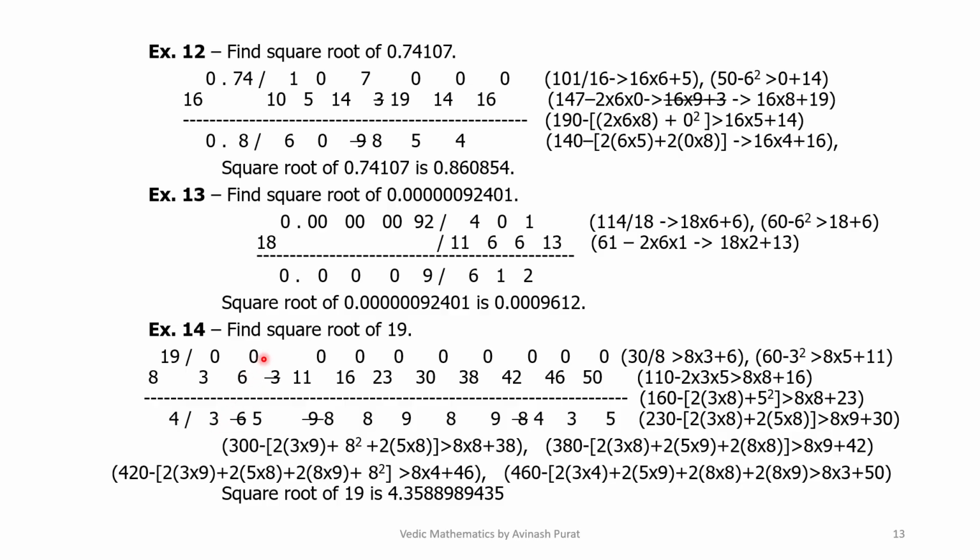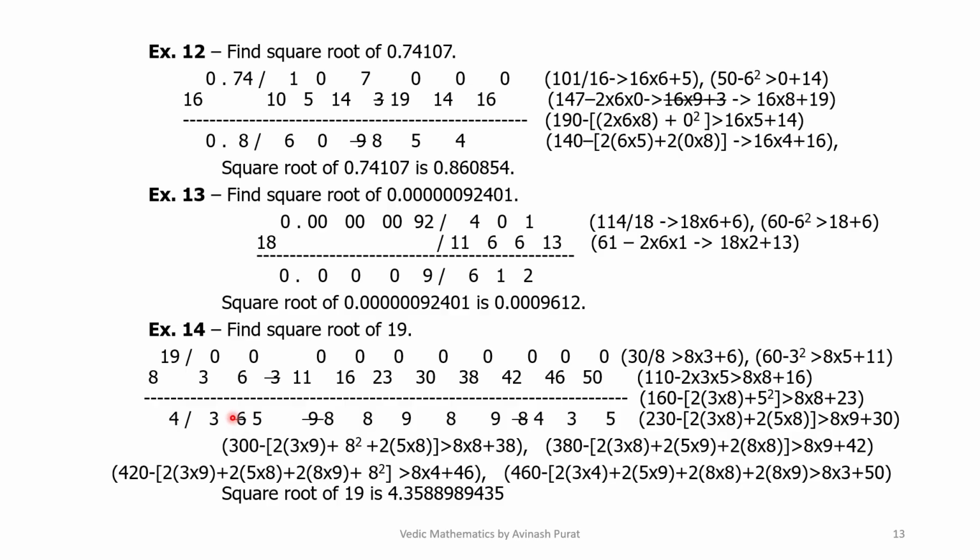60 is the next dividend, minus 3 square, that is 60 minus 9, 51. 51 divided by 8 is 6 as the quotient, but the next remainder is 3 and the next dividend is 30. So 30 minus 2 into 3 into 6 will give a negative figure.